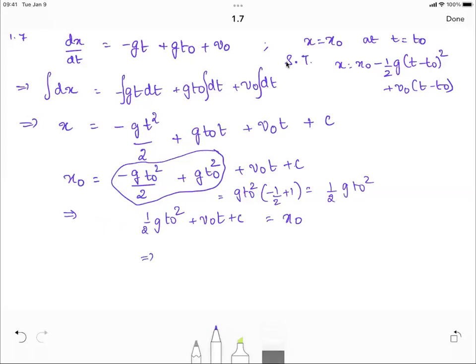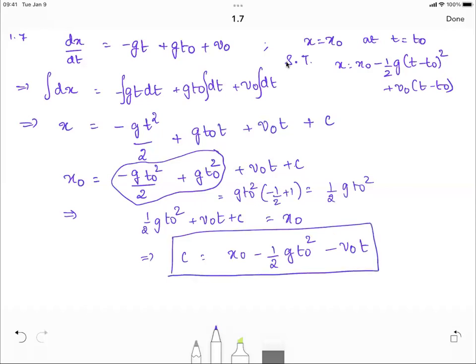So I can write c to be x0 minus half g t0 squared minus v0 times t. So this is the integration constant. So we have done one part of the question that asks us to find the integration constant.